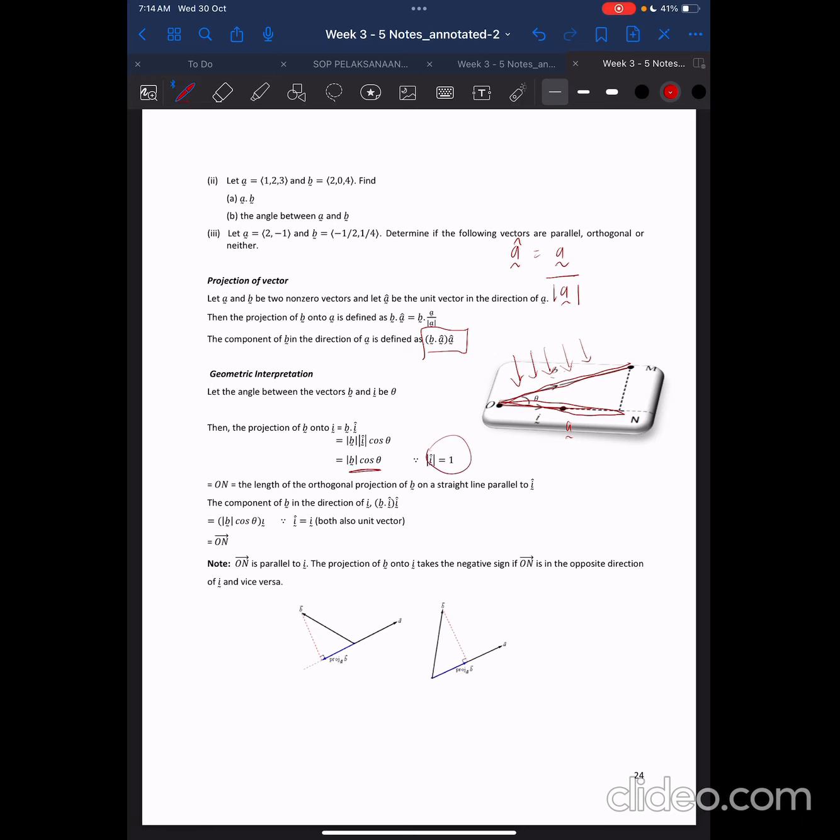Okay, so this is equivalent to ON, the length of the orthogonal projection of B on the straight line in the direction of A. Alright, so the projection can be negative or positive, depending on the sign. If it's negative, it means that the direction is vice versa. Okay.